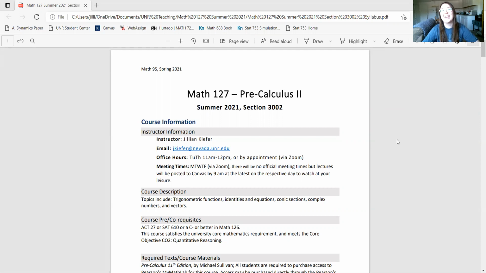I'm just saying that if there is a section that is listed for that day, the latest it will be posted would be by 9 a.m. that morning. That means that if I do really well and I get really ahead of lectures and I can post all the lectures at the beginning of the week, then I'll go ahead and do that. I'm just saying that if a section is listed on a certain day, the latest time it will be available will be 9 a.m. that morning.